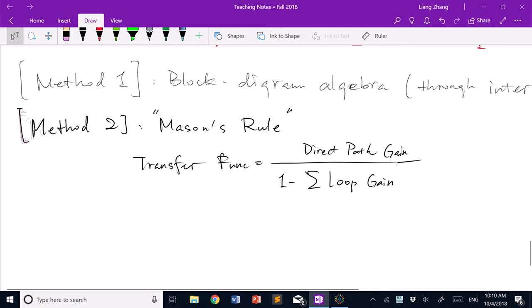Now, it should be noted that although we have this Mason's rule, in the homework and exam and in all your applications in the future, feel free to use Mason's rule directly.